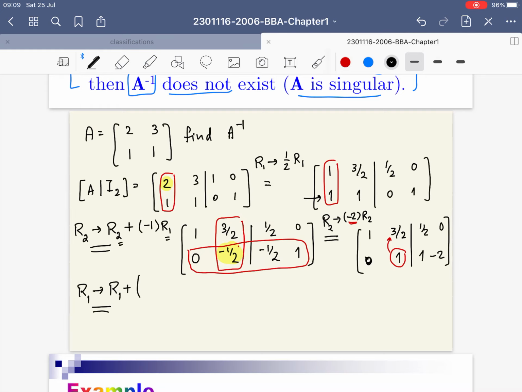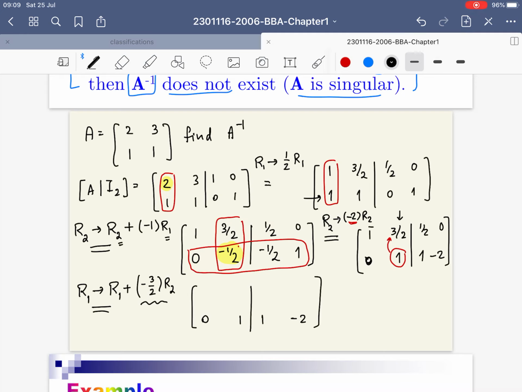Your R1 entry that you need to get rid of is 3/2. So you are going to multiply by the opposite number with your R2. Here your R2 remains the same, but this one you are going to multiply by negative 3/2.